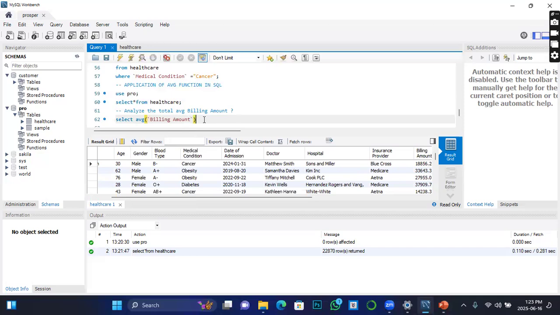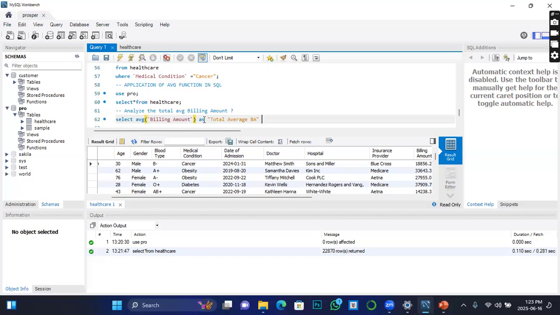Select billing amount, and I want to give it a proper description as total average billing amount, so I know what I'm representing with that.